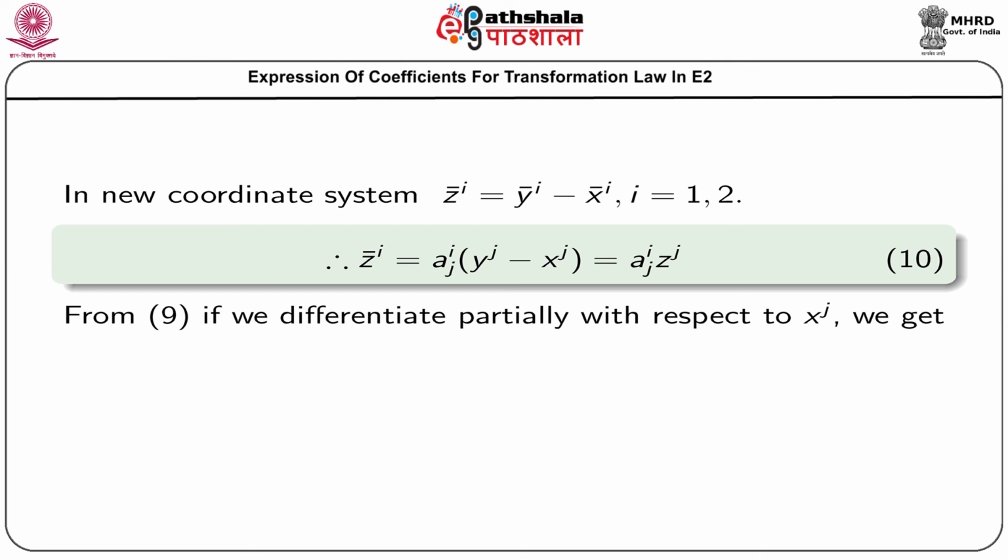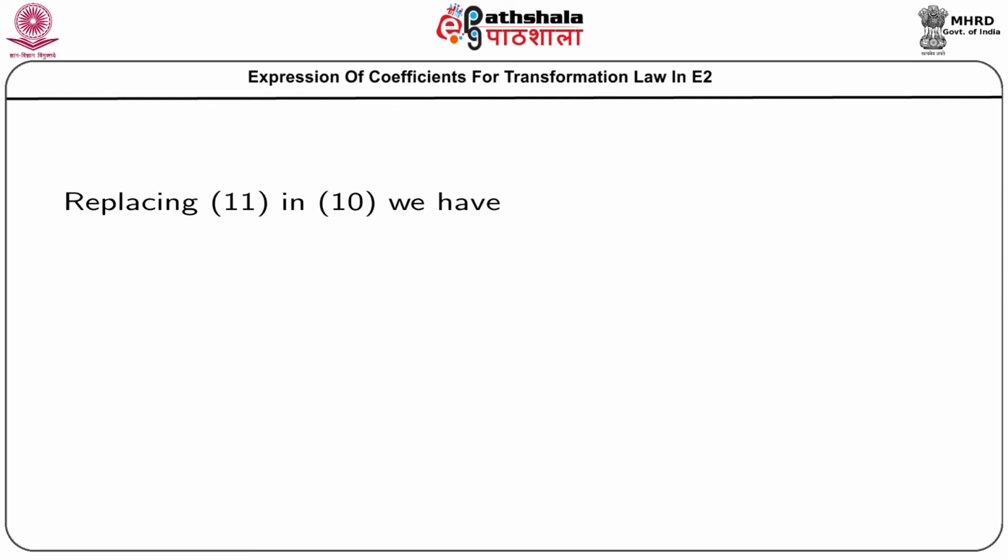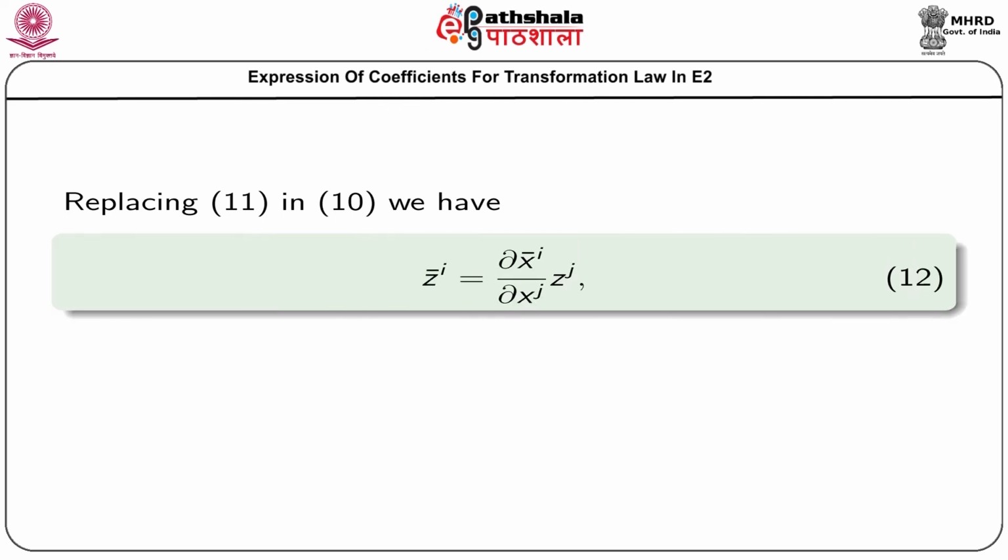From the previous expression, if we differentiate partially with respect to x^j, we get ∂x̄^i/∂x^j equals a^i_j. So, the a^i_j are nothing but the partial derivatives ∂x̄^i/∂x^j. So, replacing this value, we have z̄^i equals ∂x̄^i/∂x^j z^j.